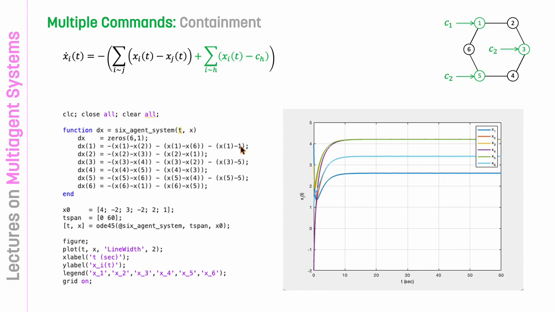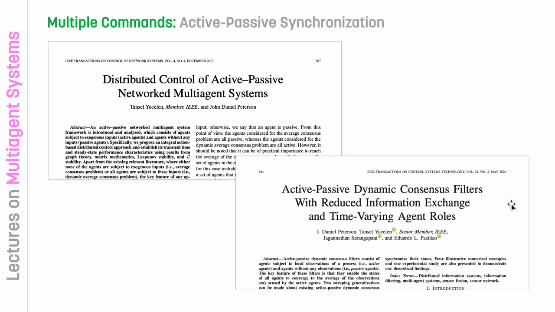Likewise, if instead you apply C1, which is 1, to agent 3 as well, you will see the states converge to a point closer to the dominant command, in that case C1, since it will be applied twice.